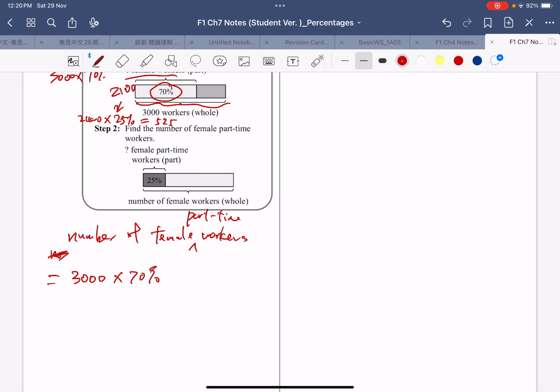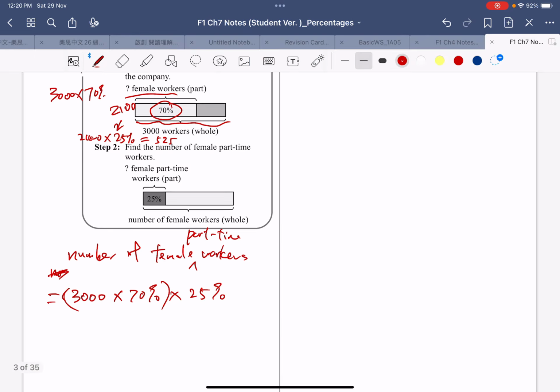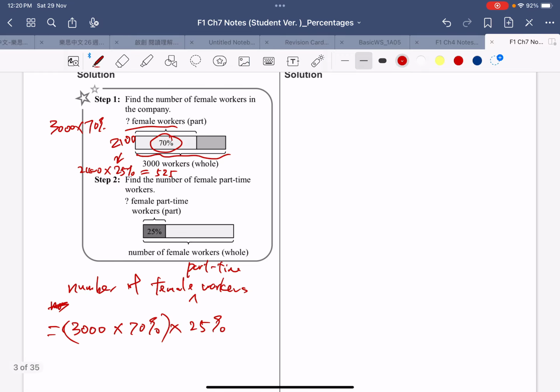And again, this number is the number of female workers only. In order to calculate the part-timers, we need to multiply by a further 25%. So this bracket number will be up there, 2,100, times further 25%.